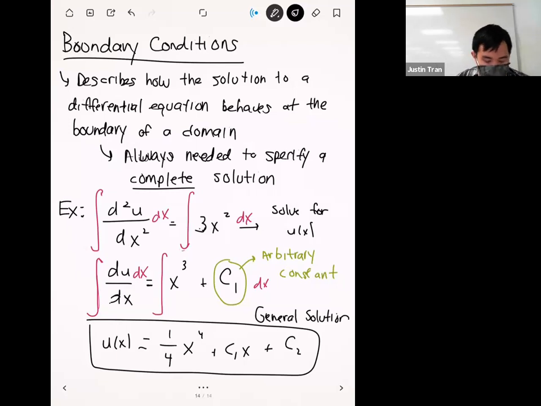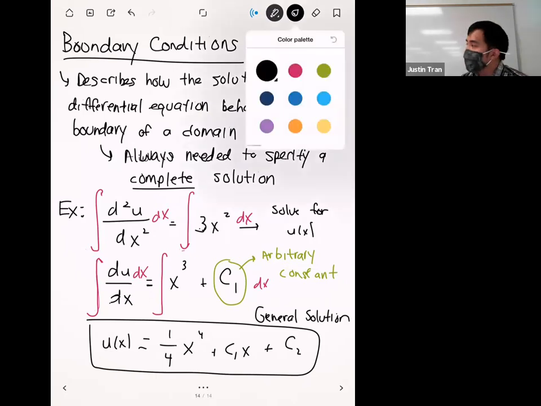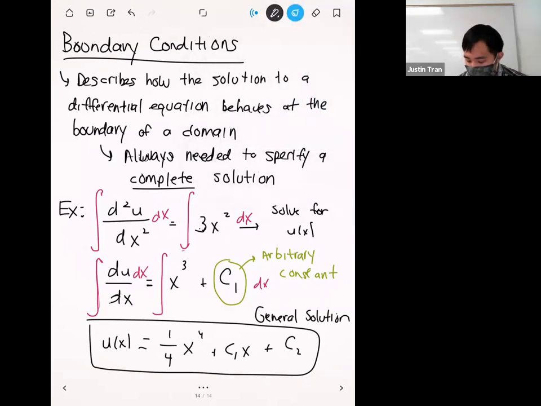Okay. It's the general solution because we haven't completely solved it yet. Because in order to get a complete solution to this differential equation, we have to specify values for our arbitrary constants, right? C1 and C2.